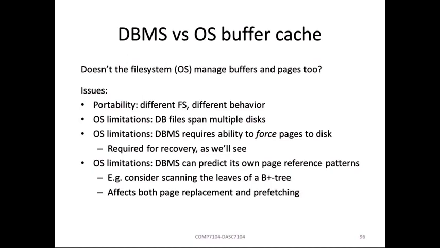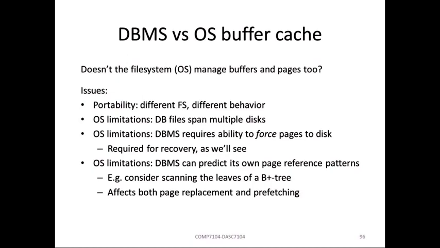Or we may be in the process of computing a count over a relation just by looking at the leaf level of a B plus tree, so scanning sequentially the leaves of a B plus tree. The operating system will not understand what is going on.